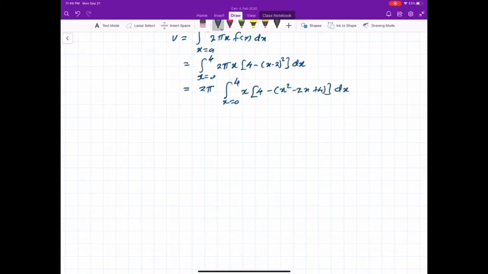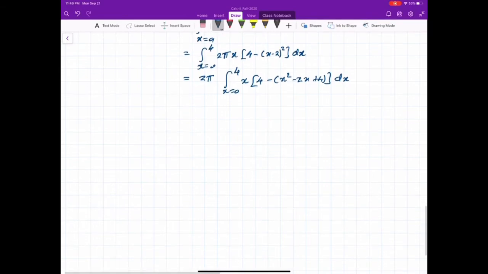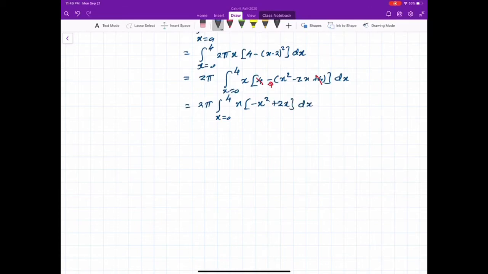Before I multiply by x, I see here I can cancel this plus 4 with this minus 4. And then I rewrite the problem as 2 pi, integral from x equals 0 to 4, of x times (minus x squared plus 4x) dx.